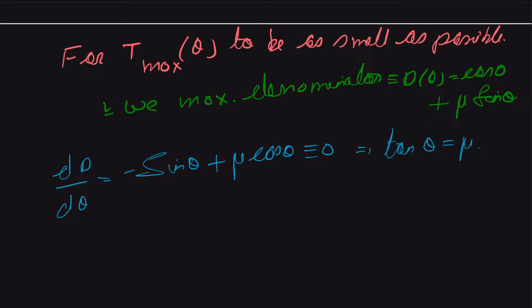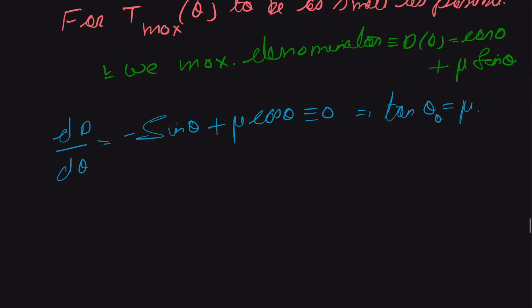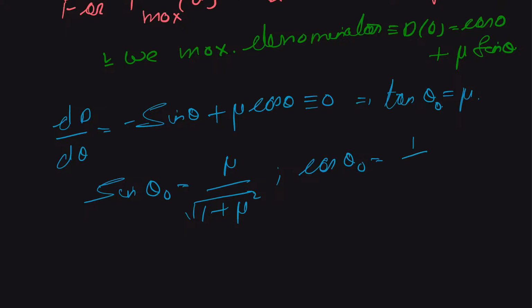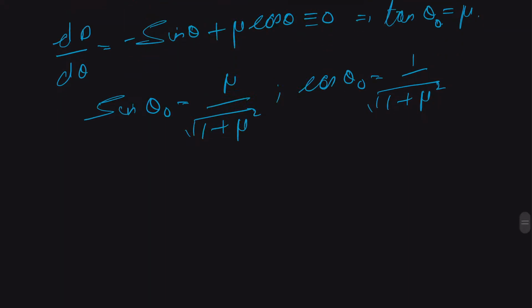For this particular value, we are going to call this θ as θ naught. We got tan θ naught is equal to μ. Therefore, we can write that sin θ naught will be equal to μ over the square root of 1 plus μ squared, and cos θ naught is equal to 1 upon the square root of 1 plus μ squared.